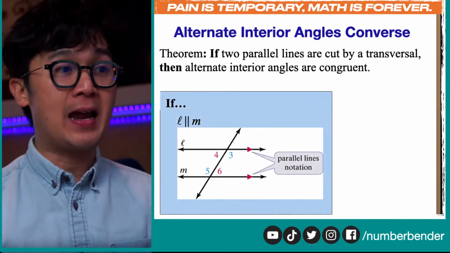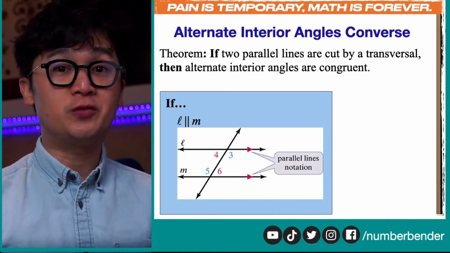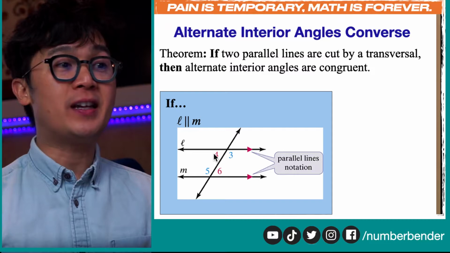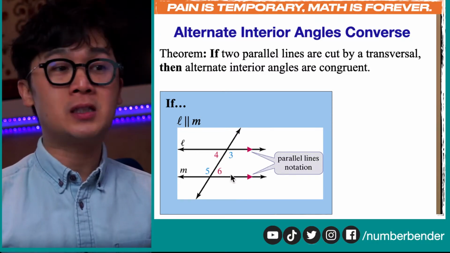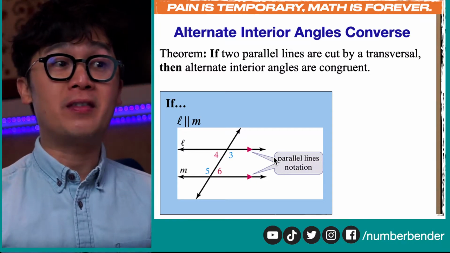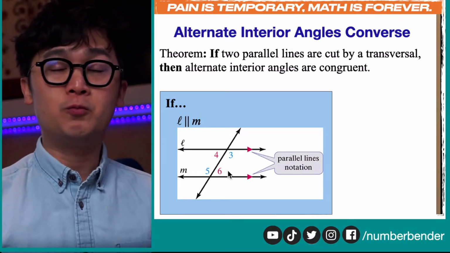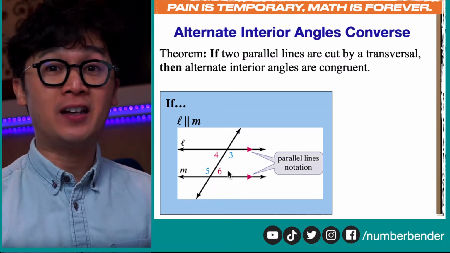In this diagram, we are given parallel lines L and M cut by a transversal, and since angles 4 and 6 are alternating, and at the same time inside our parallel lines, we know that they are congruent, with the reasoning that they are alternate interior angles.